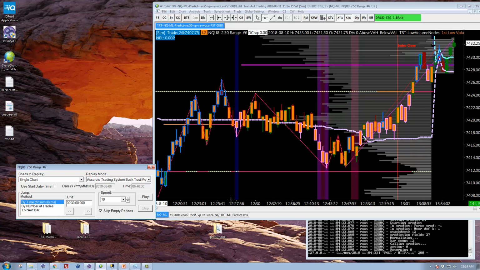And then my custom study, the TRT low volume nodes, makes it even worse because there's no way to capture the historical low volume node from the native Sierra Chart study. So in order to do this, we had to duplicate the volume by price logic in a study to find the low volume nodes and then plot them.